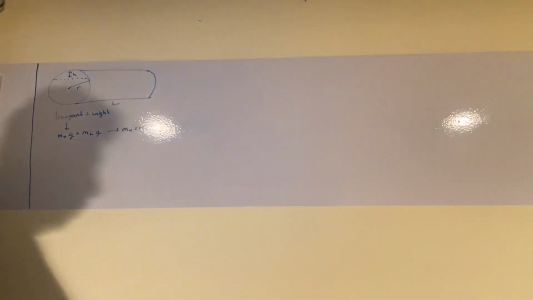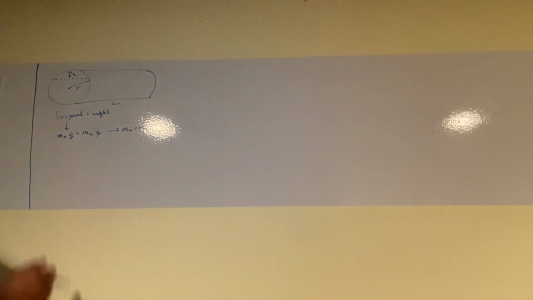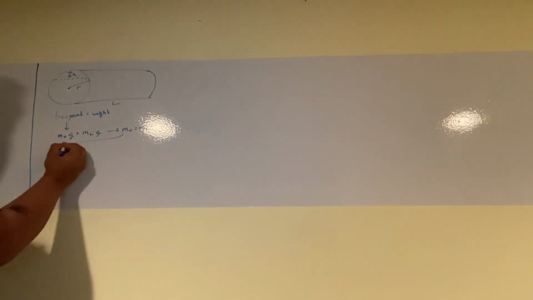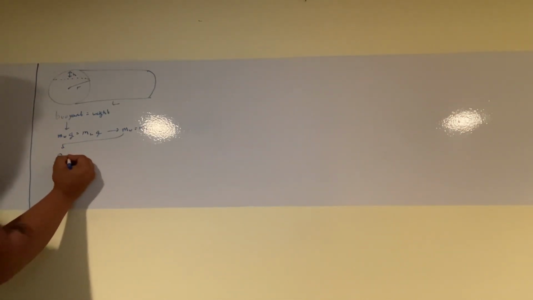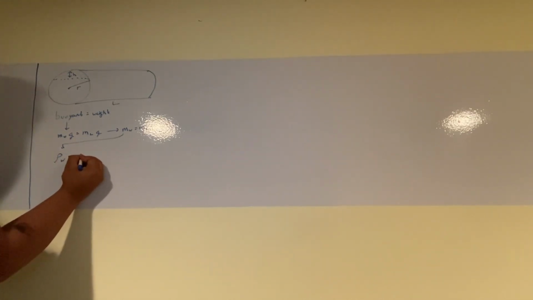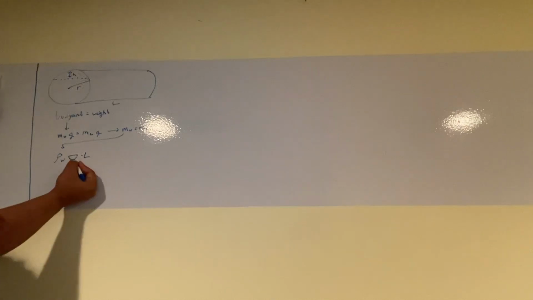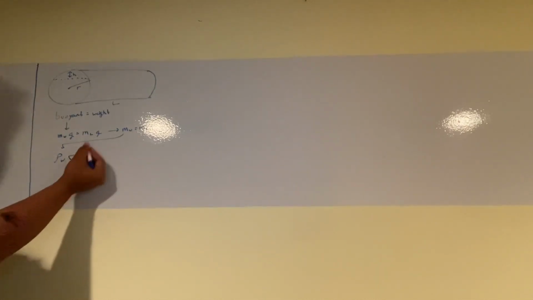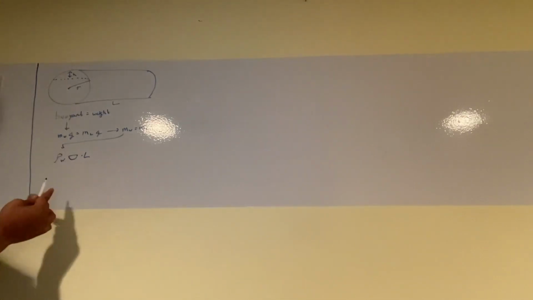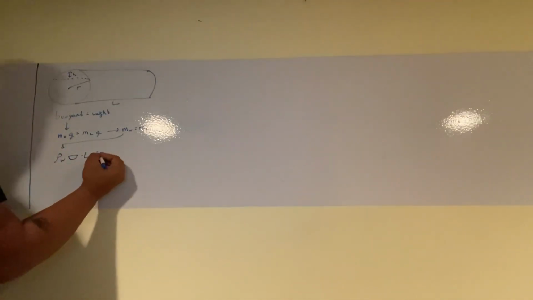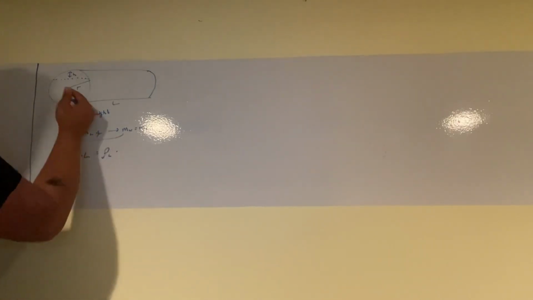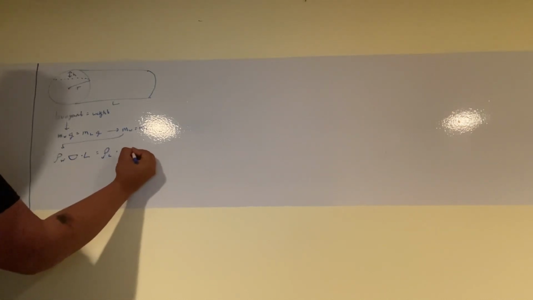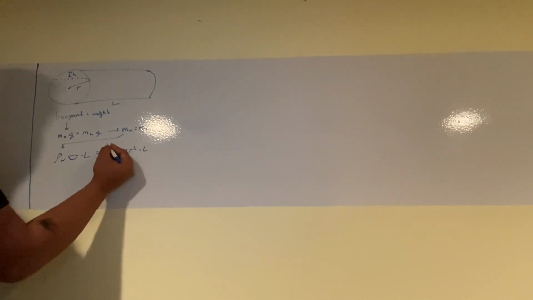And we can use the density equation to solve for the masses. So from this, we get the density of the water times the cross-section area of the water, which would be this section right here, is equal to the density of the log times area, which is pi r squared times L. This is the area of the circle, the pi r squared.